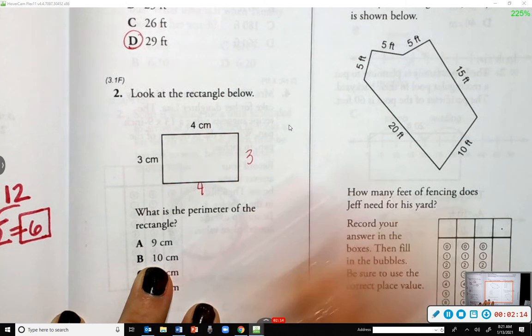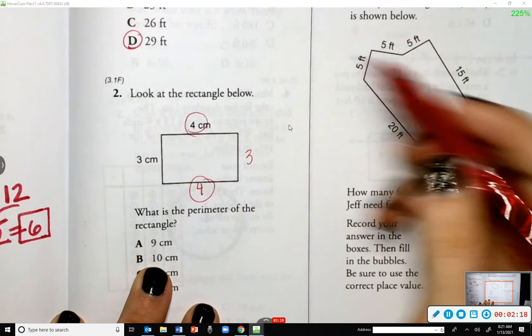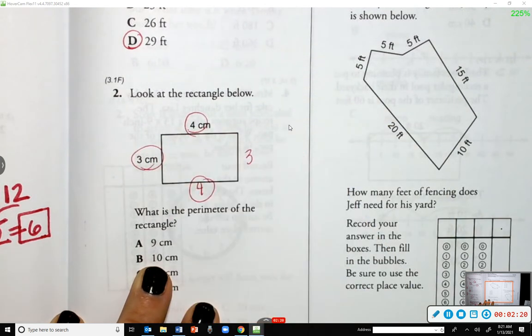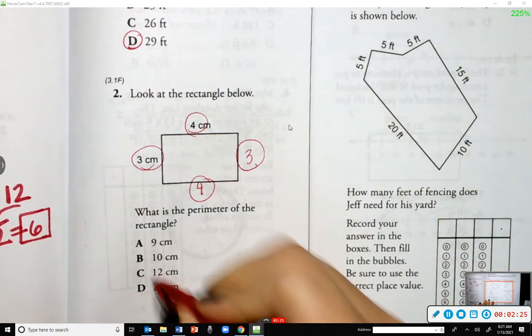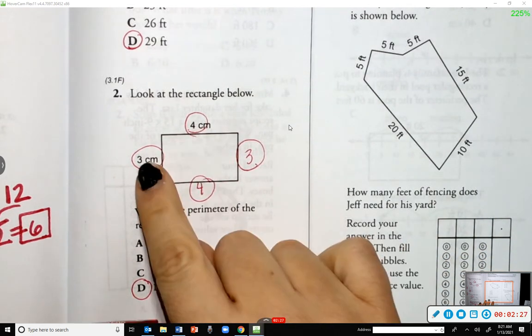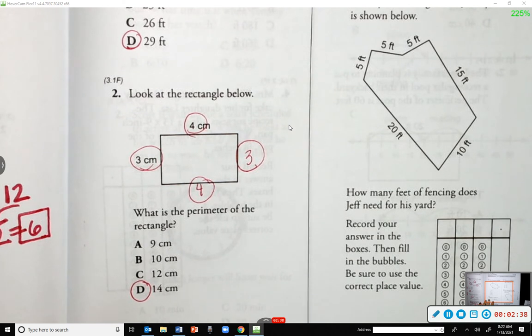Okay? 4 plus 4 is 8. 8 plus 3? 11 plus 3? 14. And why would I be circling the numbers as I go? Kelsey? So you won't recount it. Very good. So I won't recount it or accidentally do it twice. Okay? Or I know that I didn't leave it out.